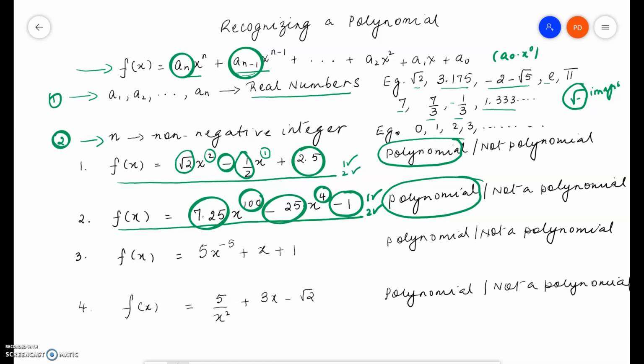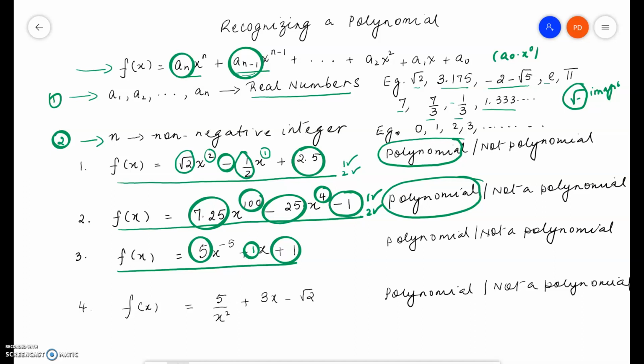Now let's look at the third example. f of x equals 5x to the negative 5th plus x plus 1. Is this a polynomial or not? So look at the coefficients of the x terms. So that's a 1. If you see nothing, that's a 1 multiplied to x, and then of course another 1. So in each of these numbers, it's pretty clear they are real numbers.